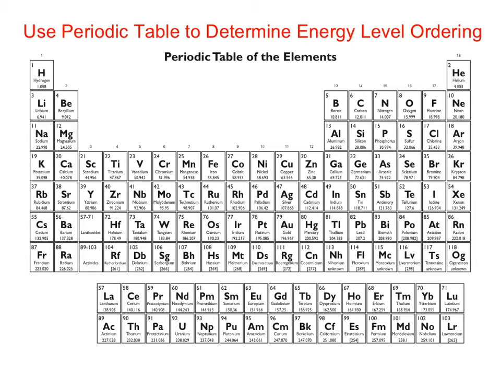The rows tell us the principal quantum number. We have the S block, the P block, the D block, and the F block, and we can use that to determine the ordering of the orbitals. If you want a refresher on that, go back and look at the video on electron configurations.